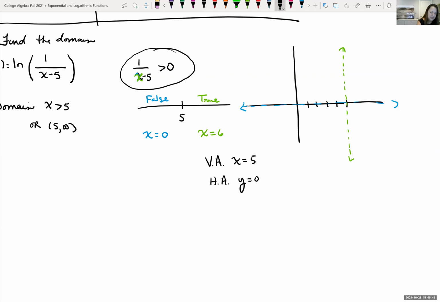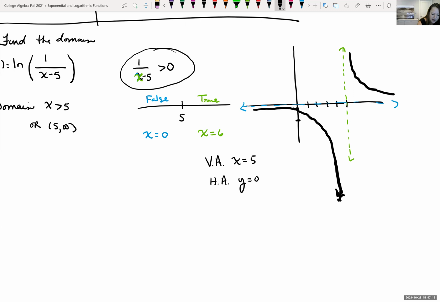Our y-intercept we saw was -1/5. It was below the x-axis for everything to the left of 5, less than 5, and above the x-axis for everything bigger than 5.